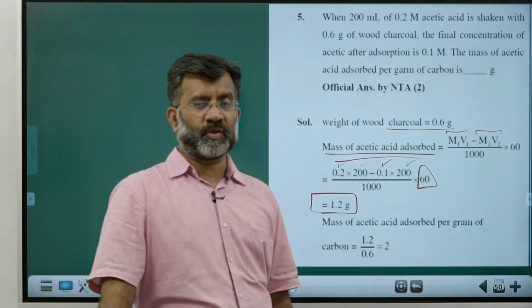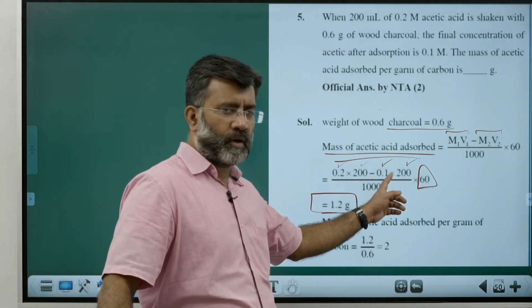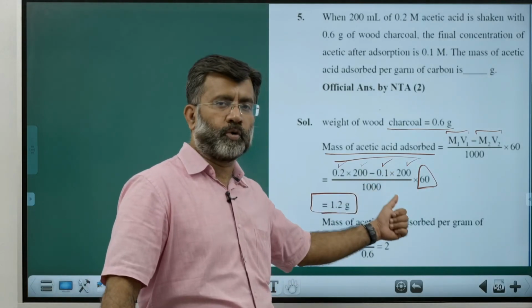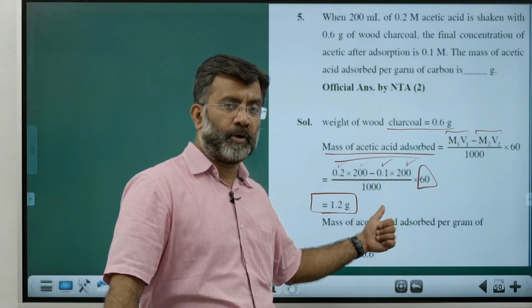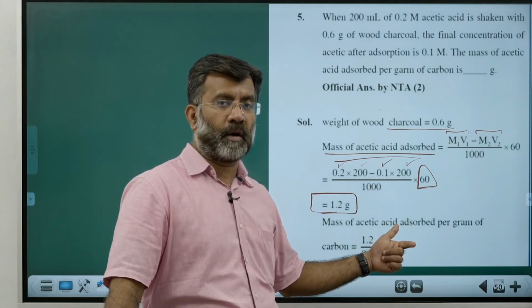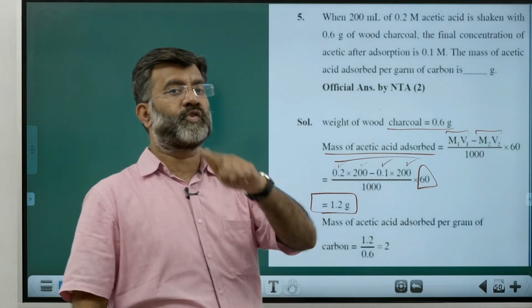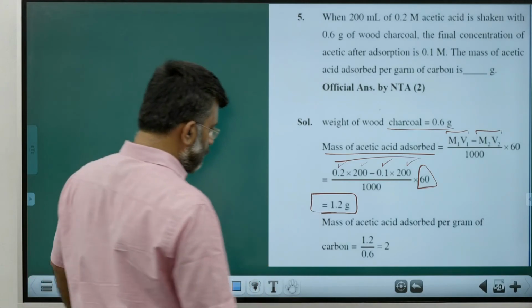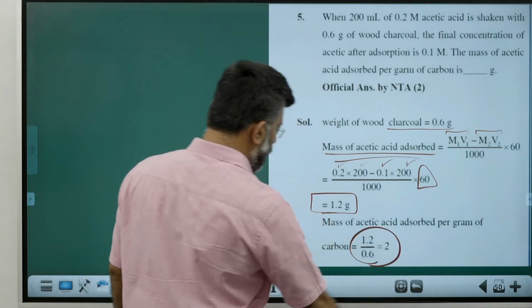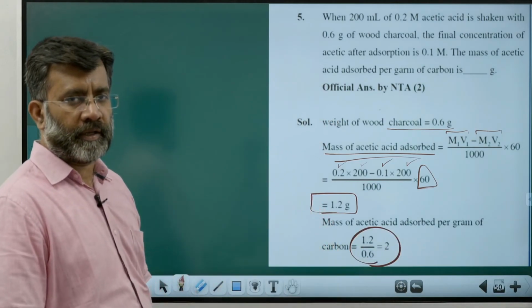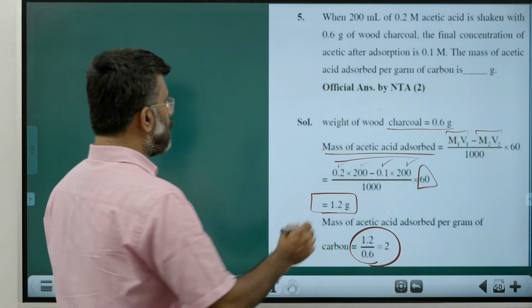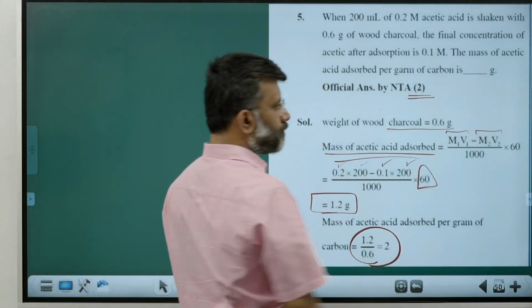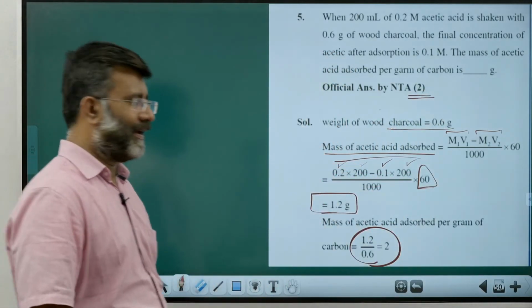Easy calculation, you get 1.2 gram. So 1.2 gram acetic acid adsorbed over 0.6 gram activated charcoal. How much per gram? 1.2 divided by 0.6 is 2. Answer is 2. Clear? Next.